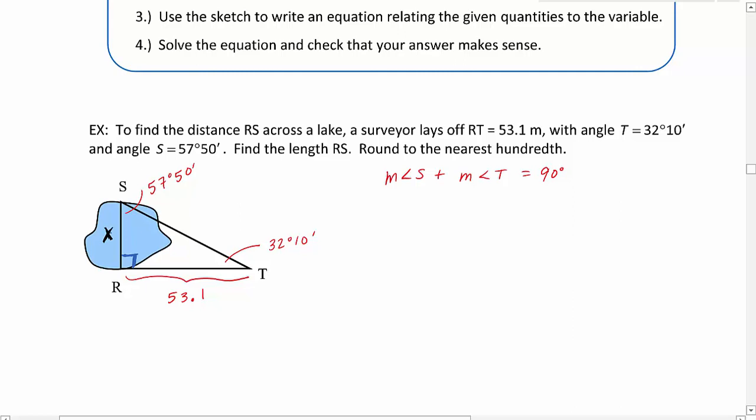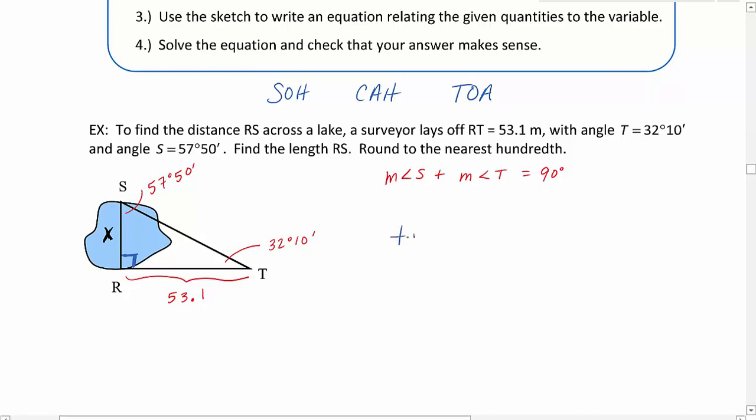And we want to use one of our trig functions and SOHCAHTOA. If I use angle T as my reference angle, side x is opposite and side RT is adjacent. Opposite and adjacent, that is our tangent function.